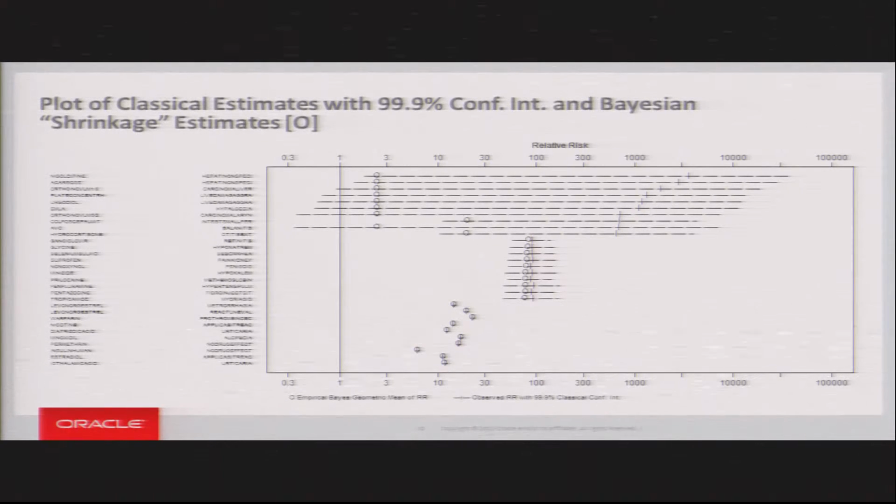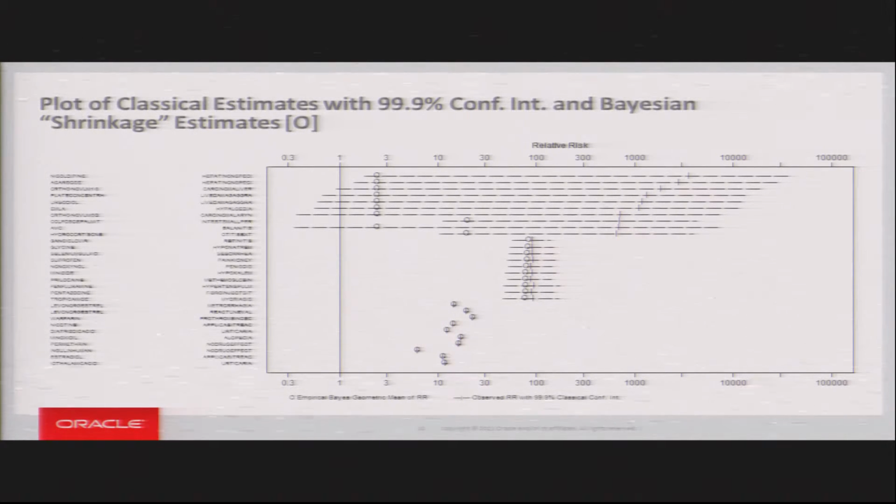And the circles are the Bayesian estimates that come out of applying the prior distribution that gets estimated. Because the sample size is so small, that ratio is discounted so much that a better estimate than the raw estimate of 1,000 might only be 2 or something like that.